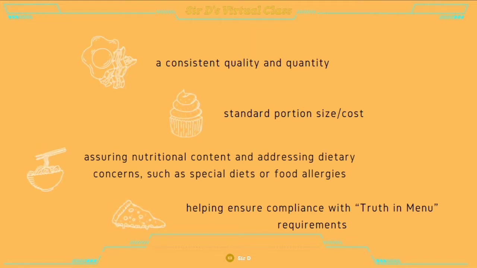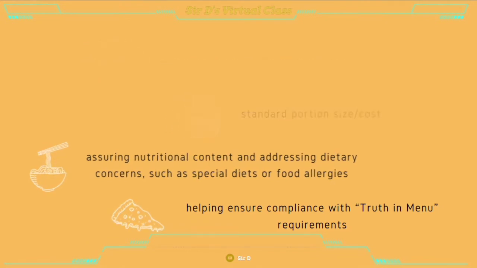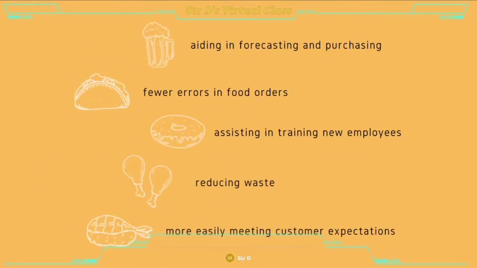What you see in the menu should be given. Aiding in forecasting and purchasing. A standard menu, knowing the specified quantity and quality, will have the purchaser prepare what is needed ahead of time. Fewer errors in food orders.